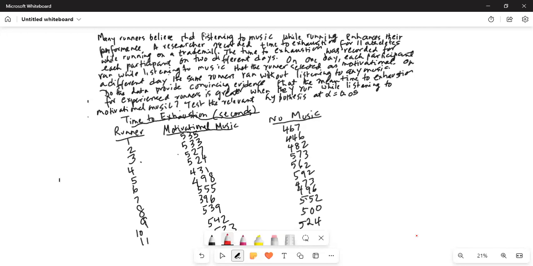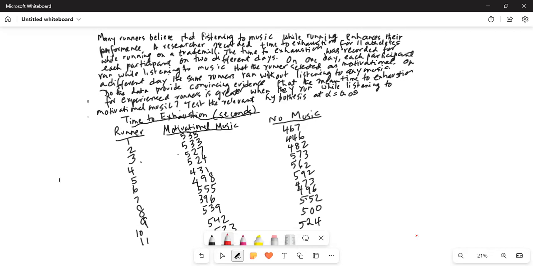Many runners believe that listening to music while running enhances their performance. A researcher recorded time to exhaustion for 11 athletes while running on a treadmill. The time to exhaustion was recorded for each participant on two different days. On one day, each participant ran while listening to music that the runner selected as motivational.